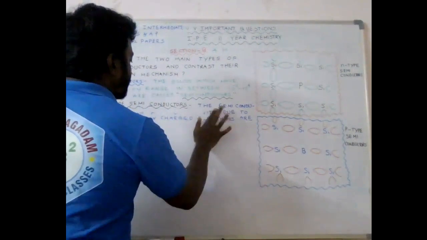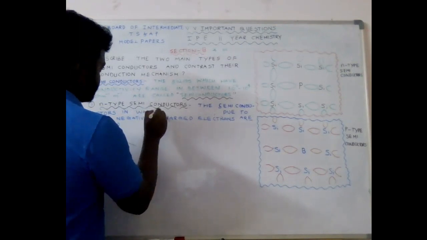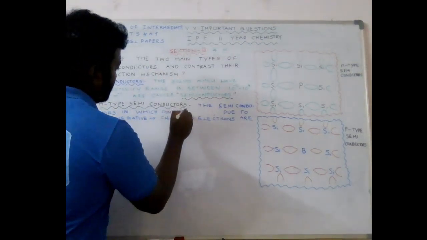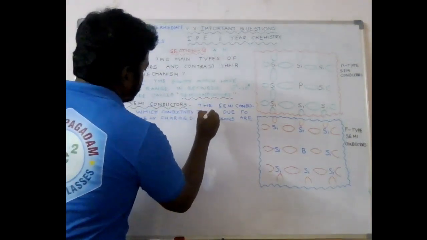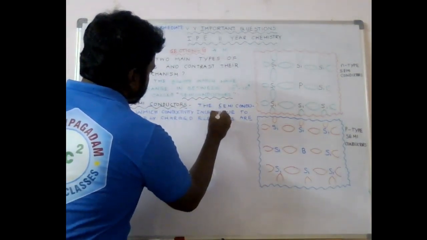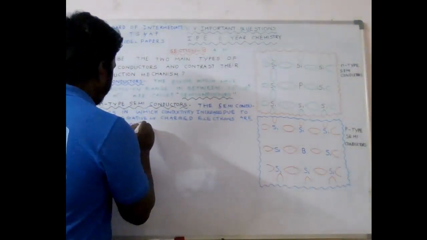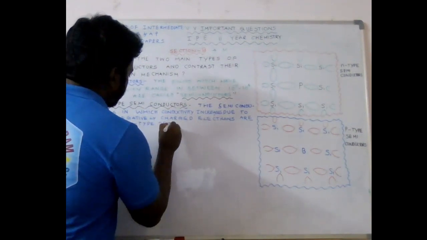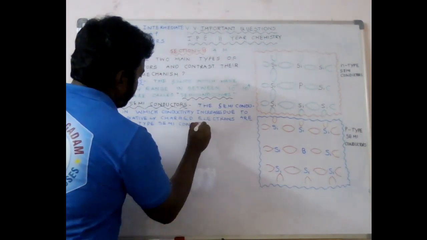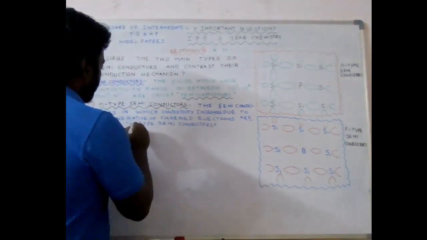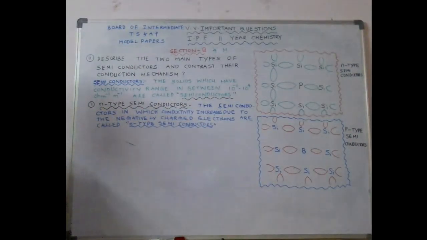This is better: the semiconductors in which conductivity increases due to the negatively charged electrons are called N-type semiconductors. This is the definition.